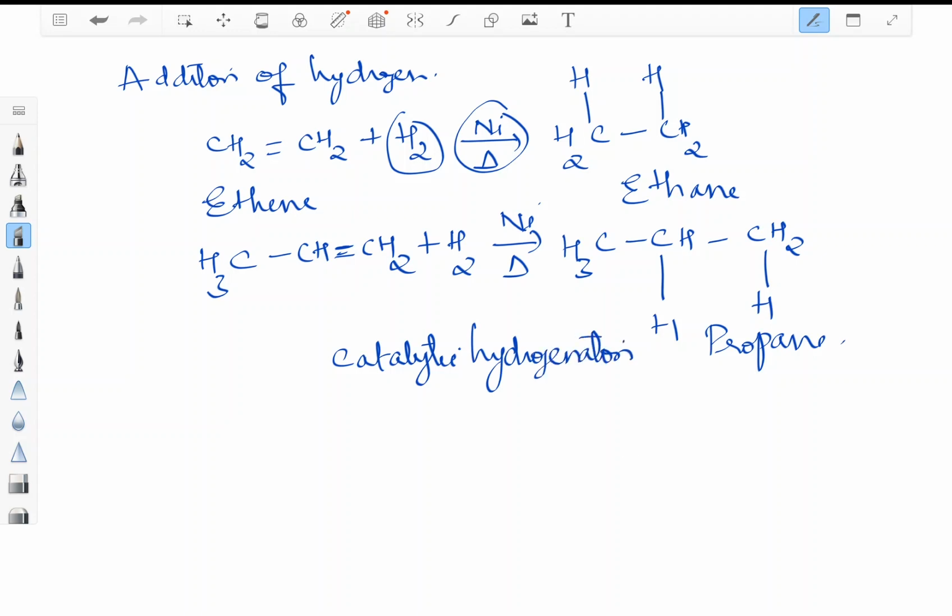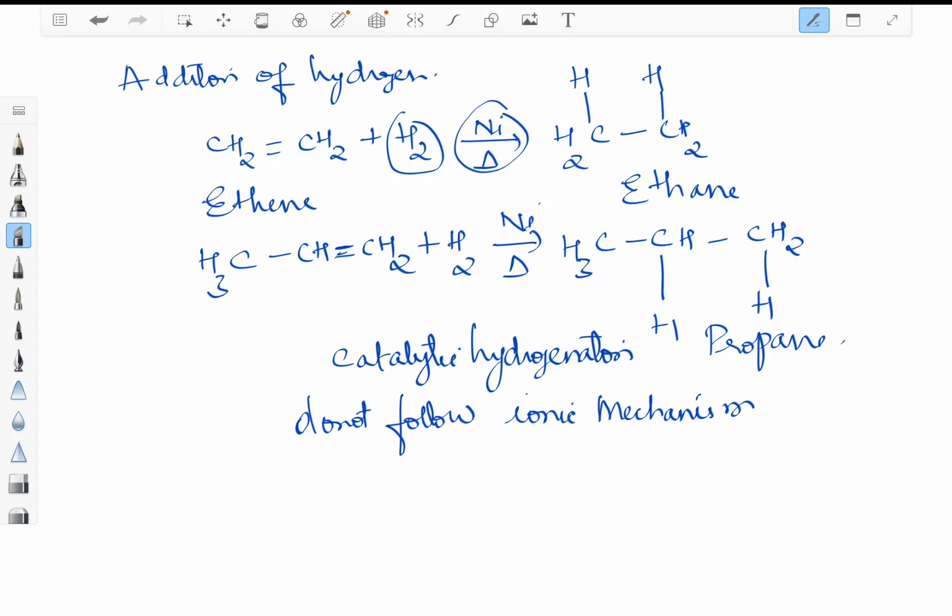The above reaction doesn't occur through an ionic mechanism. It does not follow the ionic mechanism. Just remember that. I'll tell you what an ionic mechanism is in this same session itself.